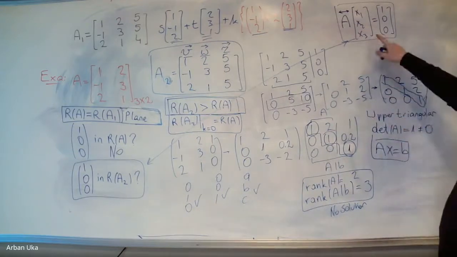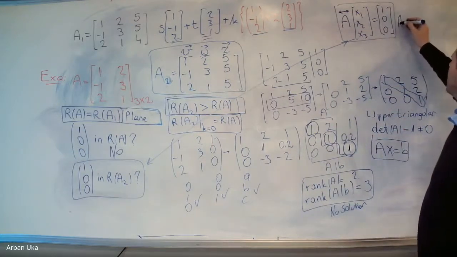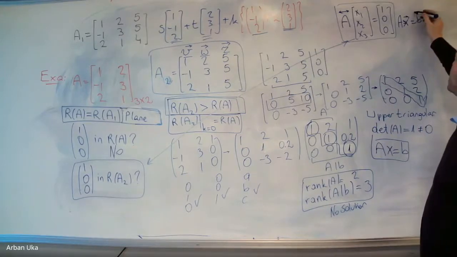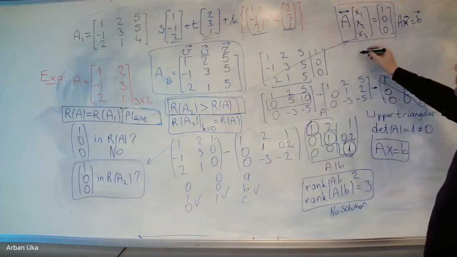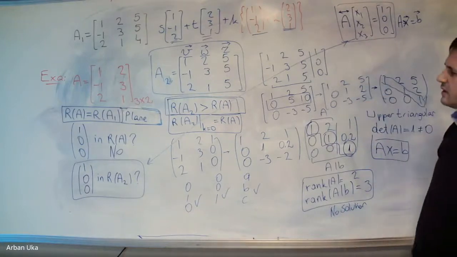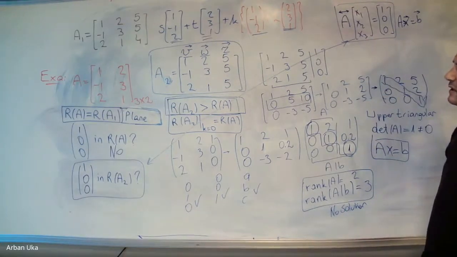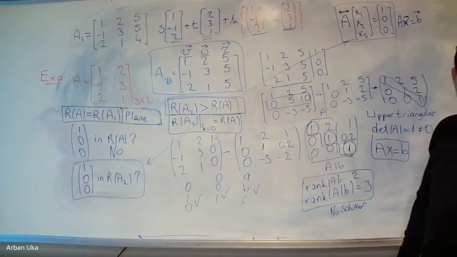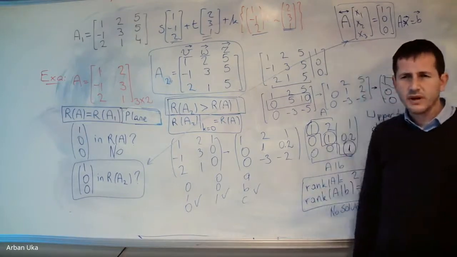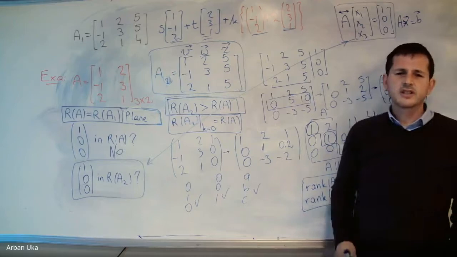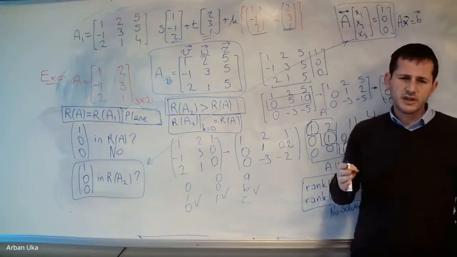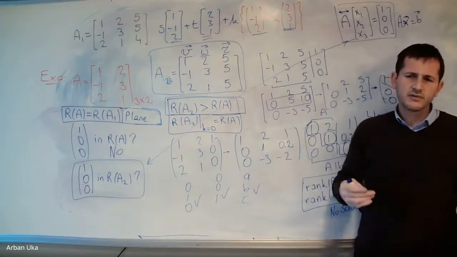Now, when we ask whether this has a solution, let's not forget the theorem we did in the first session today. We said Ax equals b has a unique solution if the determinant of A is different from 0. So it looks like A2 can describe any vector. Why is that? Because A2 can span the three-dimensional space. Okay, this is how I can formulate it.